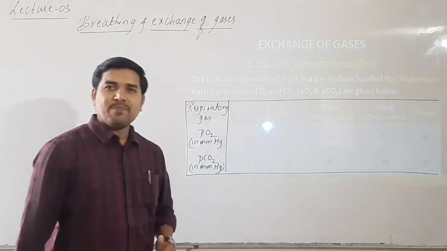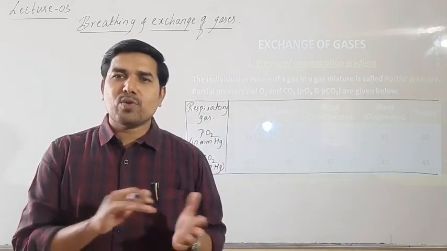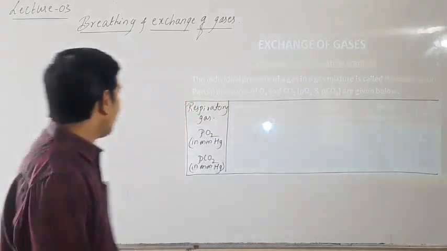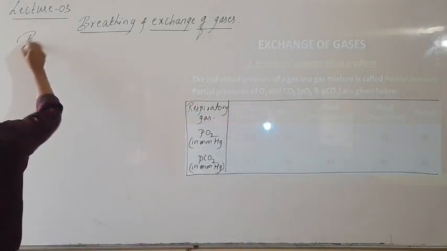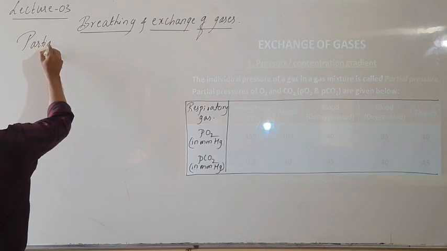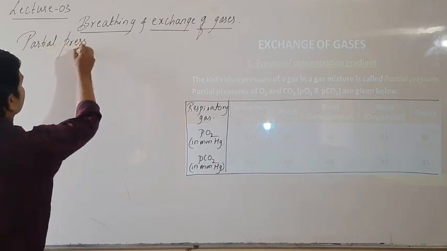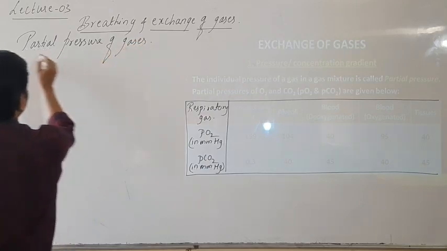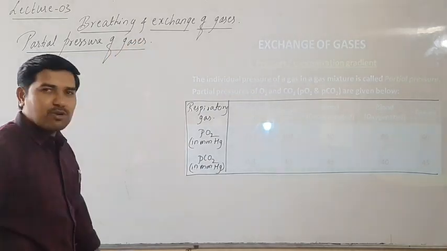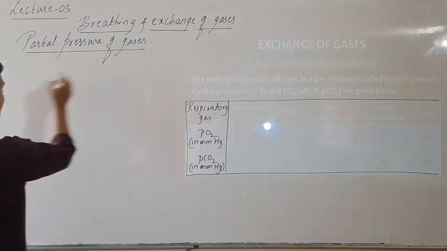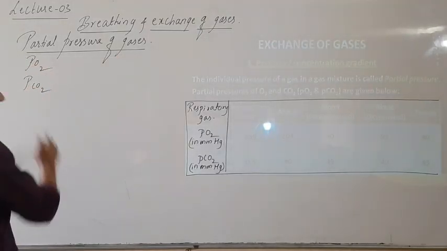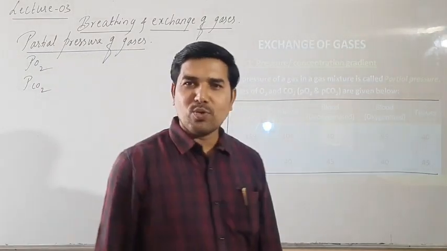Okay, now first, as we come across PO2 and PCO2, we come across a term called partial pressure of gases. The partial pressure of oxygen is represented as PO2, and that of carbon dioxide is represented as PCO2.